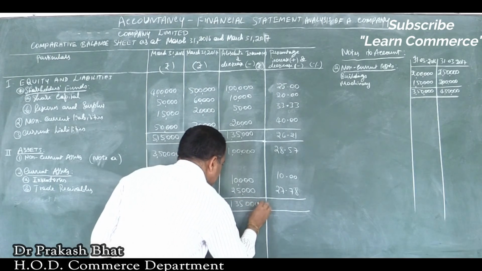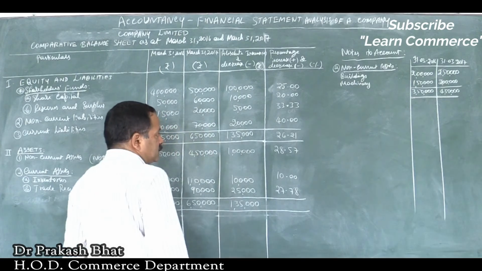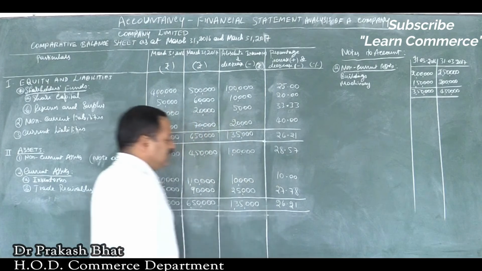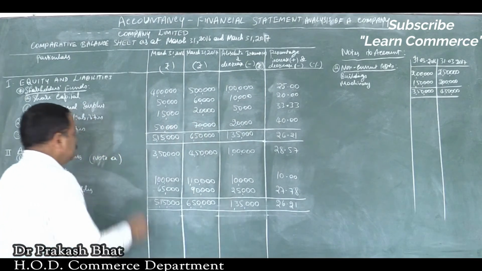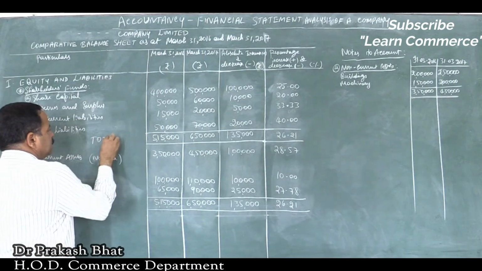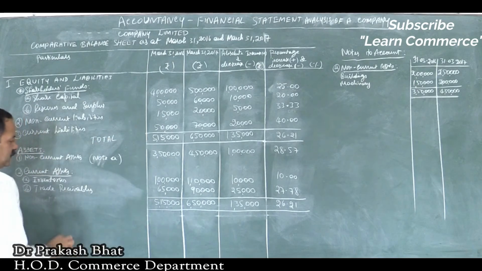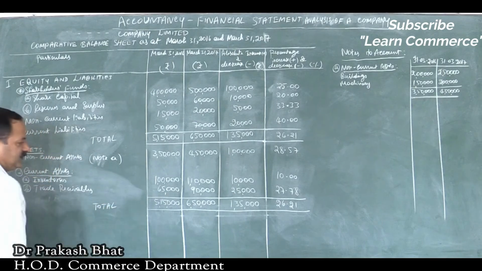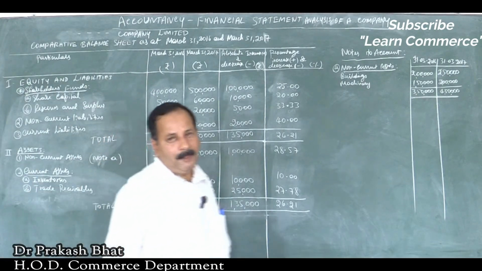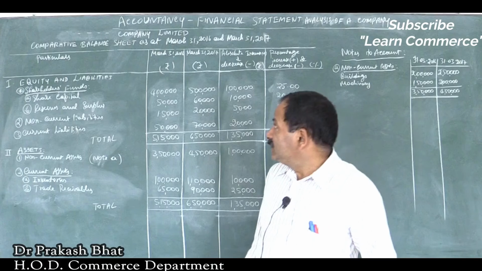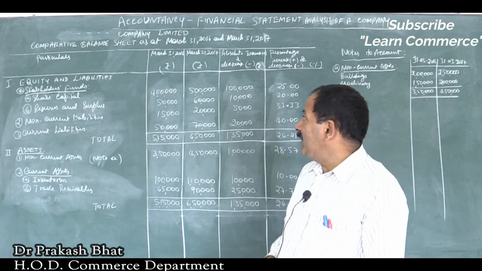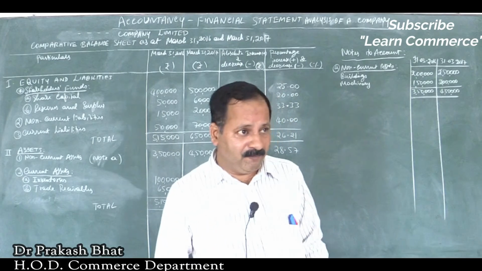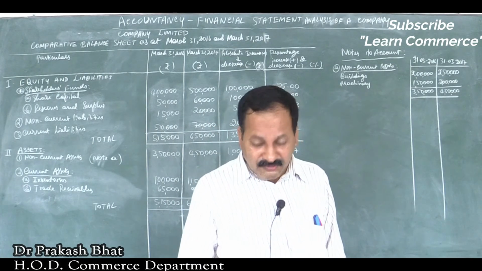Correct. So the percentage will be 26.21. So this is the total of equity and liabilities, and this is the total of assets. So your assets agree with the liabilities total, isn't it? This is how you have to prepare a comparative balance sheet when 2 years figures of a company are given about the financial position.